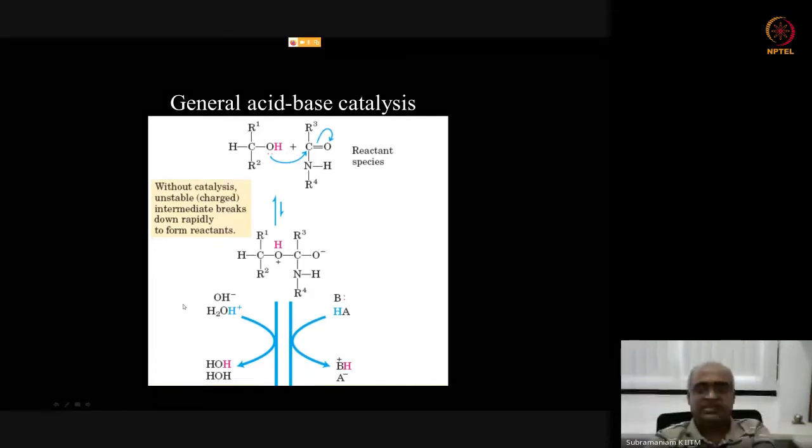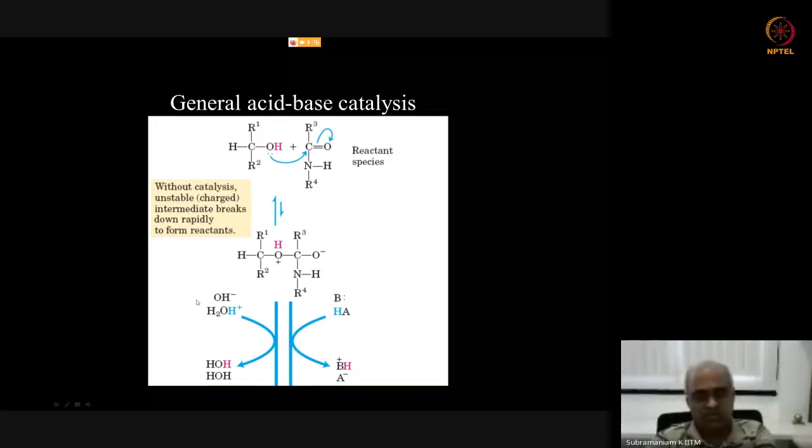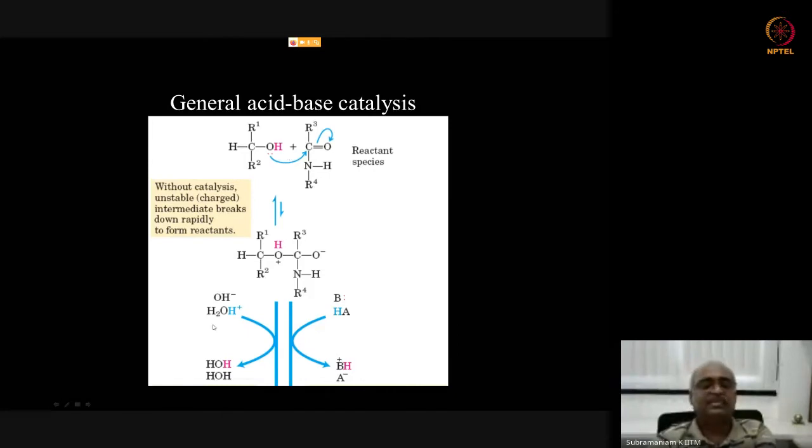Since these reactions happen in aqueous phase, water itself can do it. We have seen that water can ionize into hydronium ion and hydroxyl group. When water ionizes, the proton gets hydrated, and that is why you have hydronium ion. So water itself can do this. If the proton transfer to water is faster than breaking down to substrate, then the reaction will happen on its own in water environment.